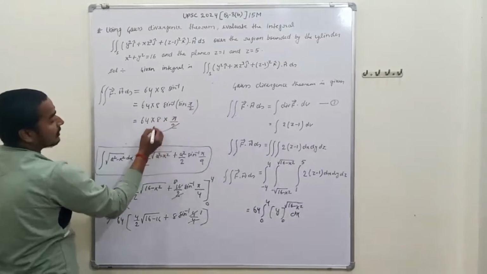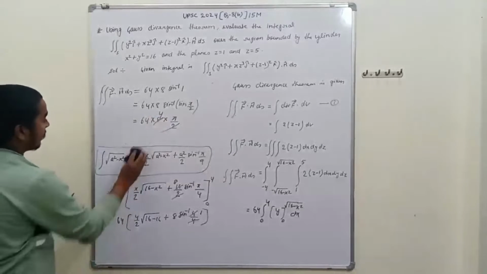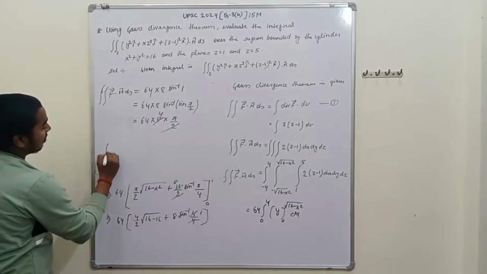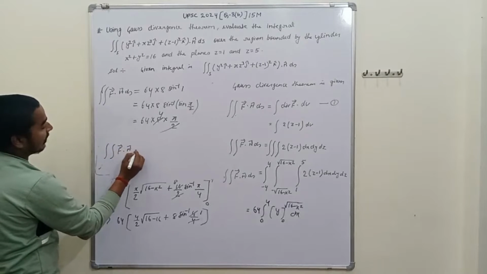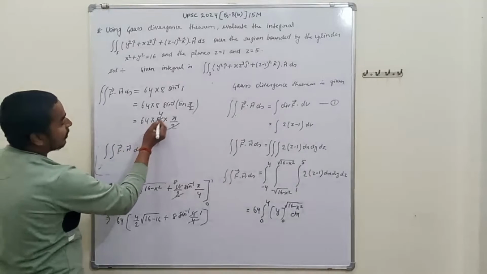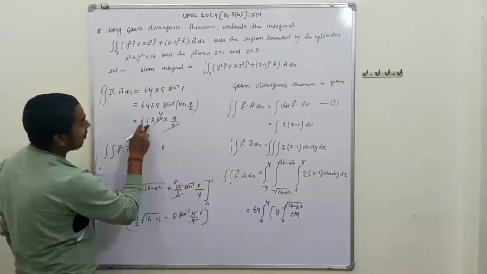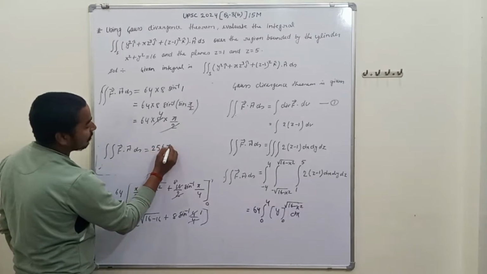That gives 64 into 8 times pi by 2, and cancelling, 2 fours are 8. Then the double integral of f vector dot n cap ds is equal to 4 into 64, that is 4 fours are 16 and 4 sixes are 24, 24 plus 1 is 25 into pi.